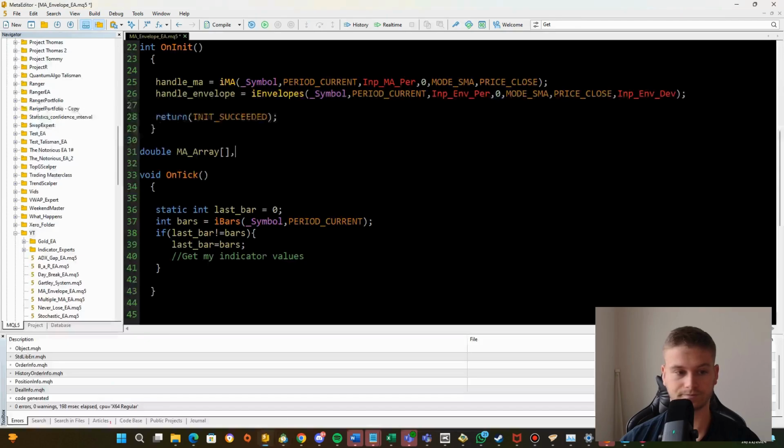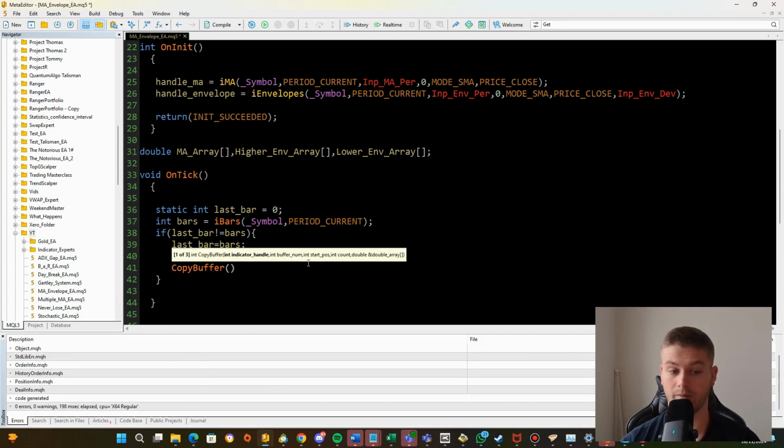Okay, so let's create an array for each of these. So moving average array, higher envelope array, and lower envelope array. Perfect.